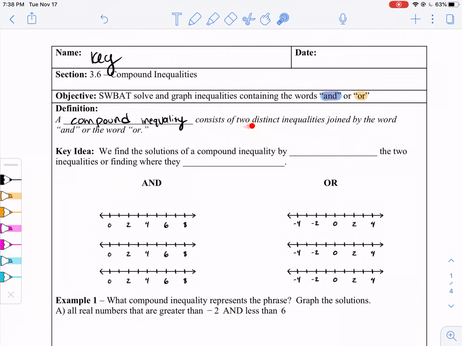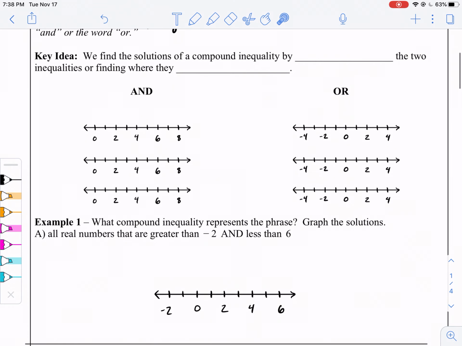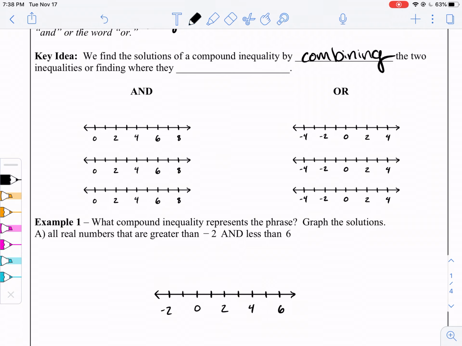So you have two distinct inequalities joined, put together by either "and" or by "or." So we find the solutions of a compound inequality by combining them, or we find where they overlap. To me, I think that's the same theme, but there you go.